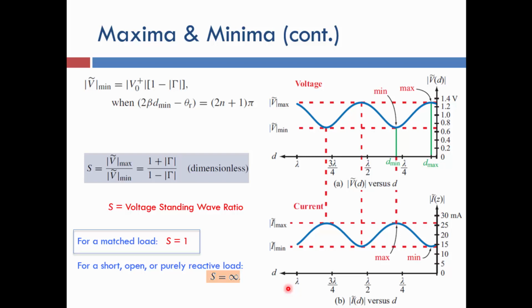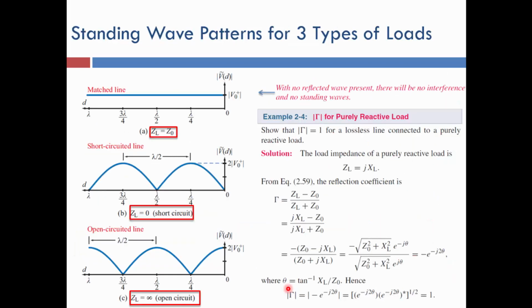First, the reflection coefficient, or voltage reflection coefficient, by calculating the ratio between the reflected voltage and the traveling voltage, or by using the relation between Z load and Z naught.